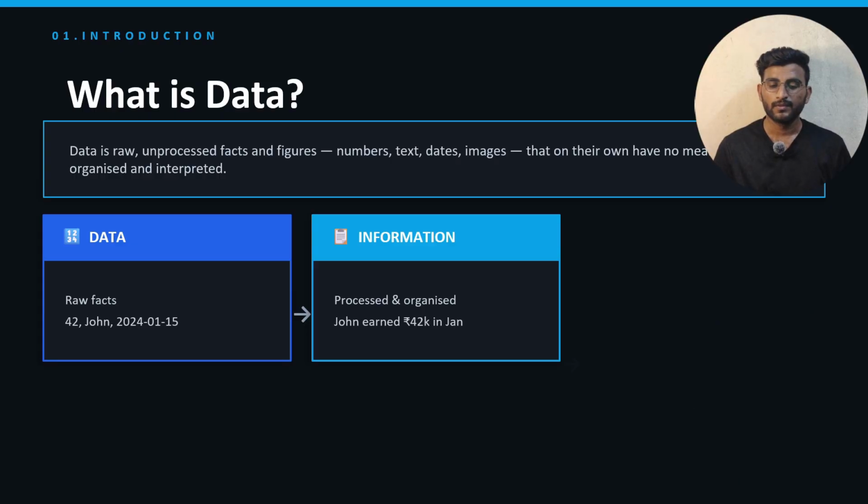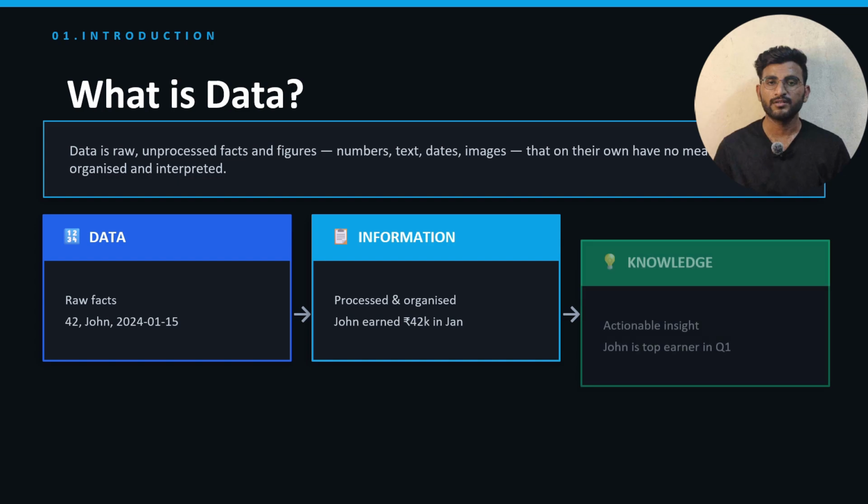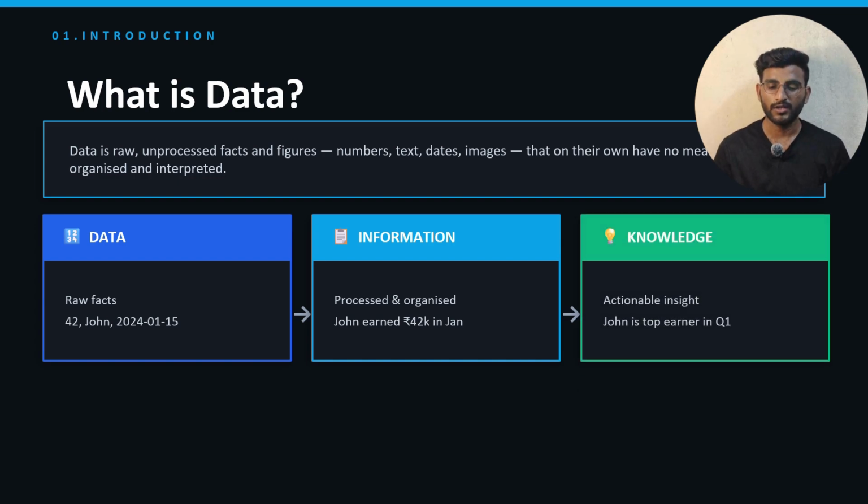Now, with this information, we can generate insights or knowledge. Let's take John is the top earner in Q1. This is an insight we got from the available information. We got information by organizing and processing the raw data.